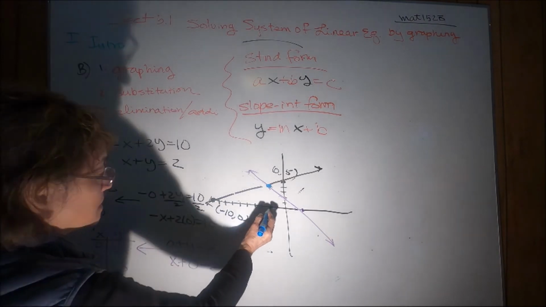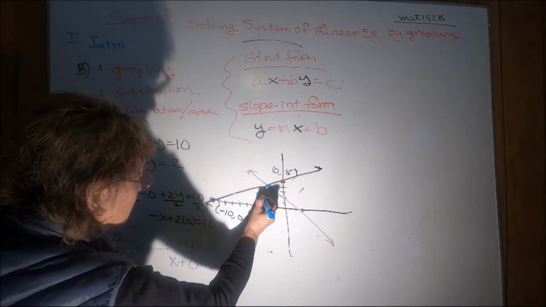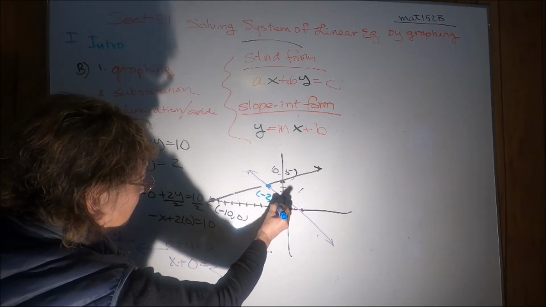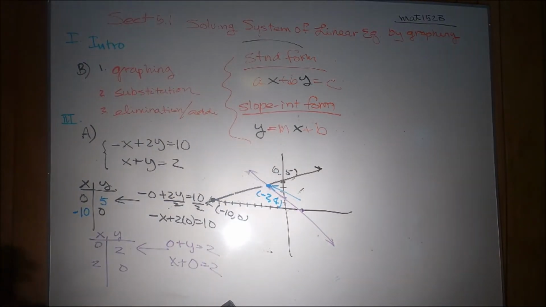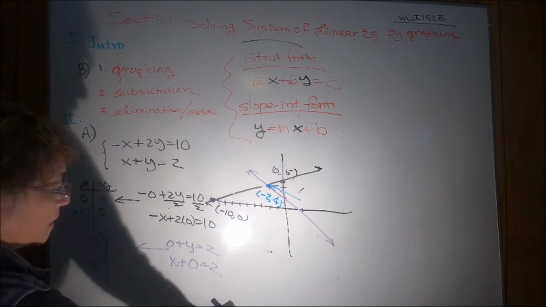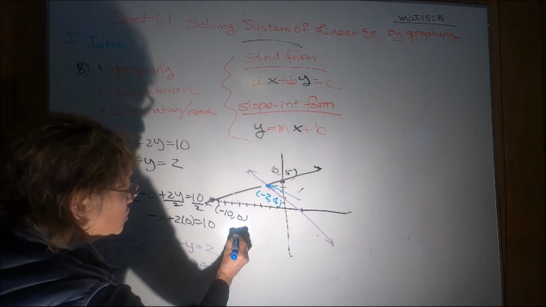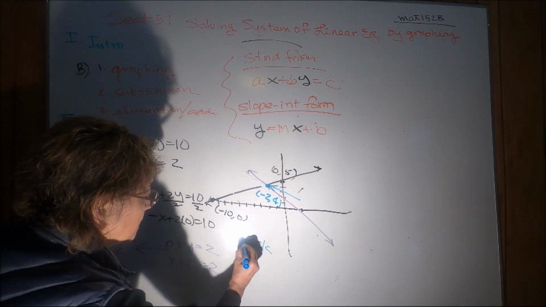So they meet somewhere around, we are just guessing, -2 and 4, right? I think. But we cannot see it exactly. So how do we know we are doing it right? That's the right point? So you need to check, to plug in again.